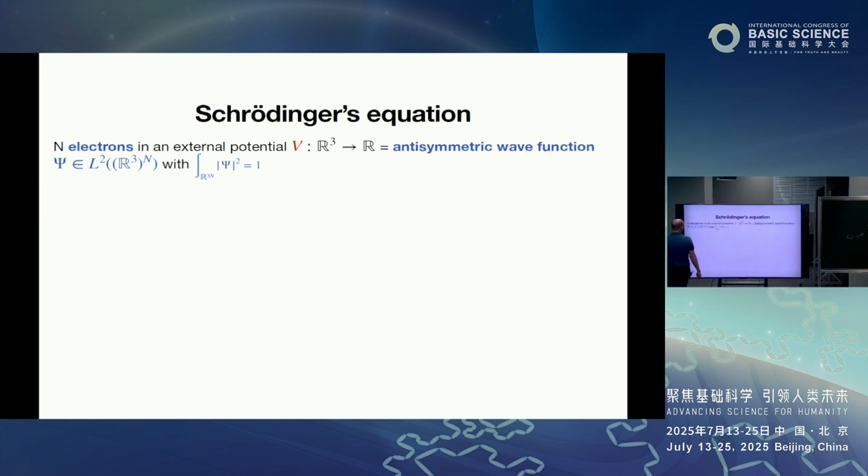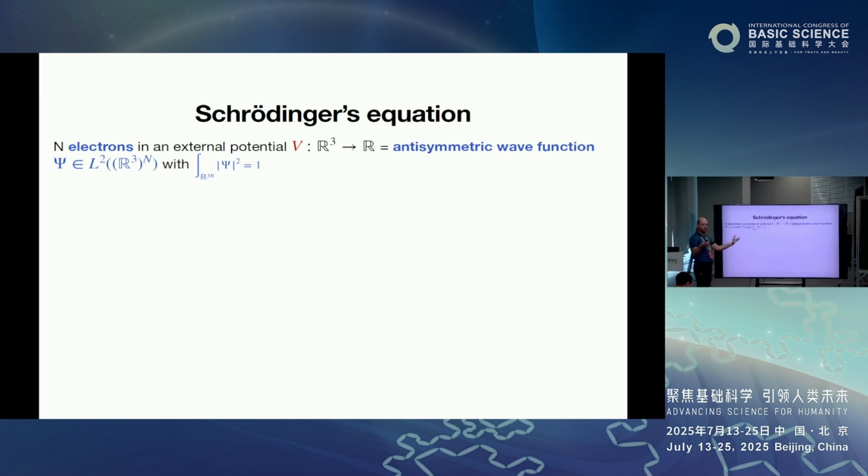And then what you look for in order to describe the electronic configuration is a big function, a wave function psi, which is antisymmetric. Why antisymmetric? Because electrons cannot be at the same place; you cannot have the same particle with the same negative charge at the same place.